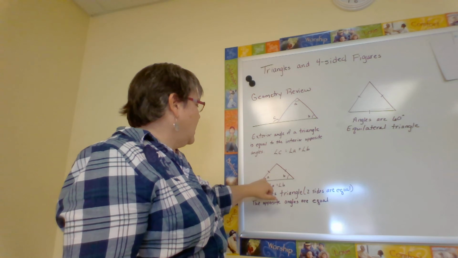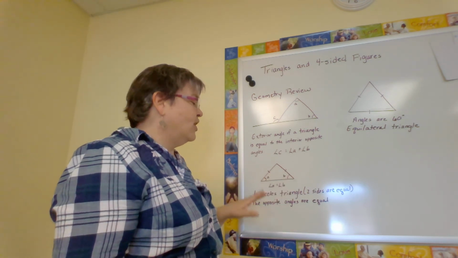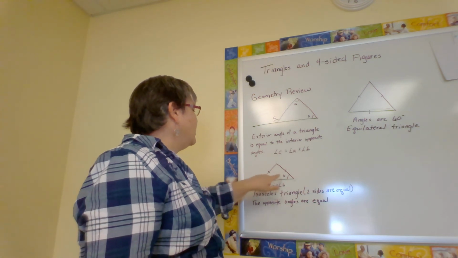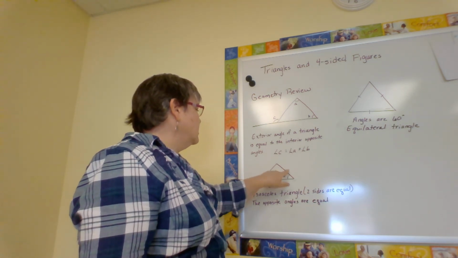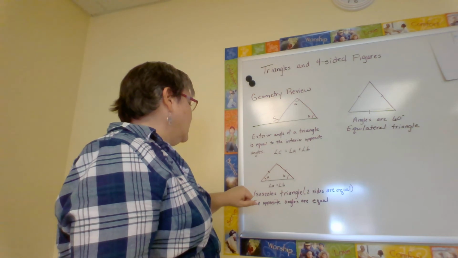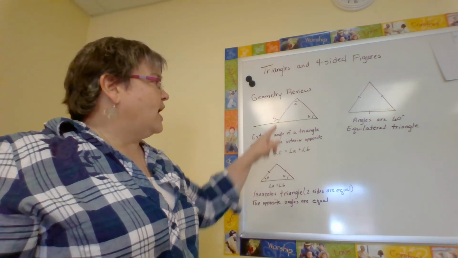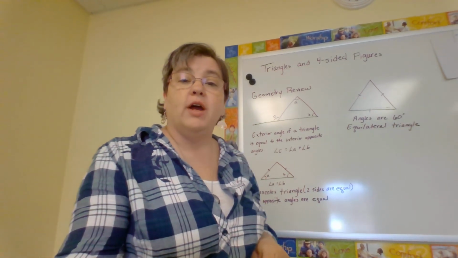So angle A and angle B are equal because this is an isosceles triangle. The opposite angles of the equal sides are also equal.